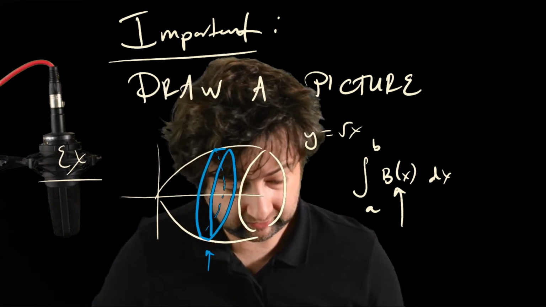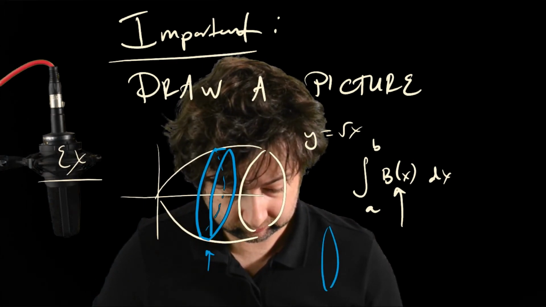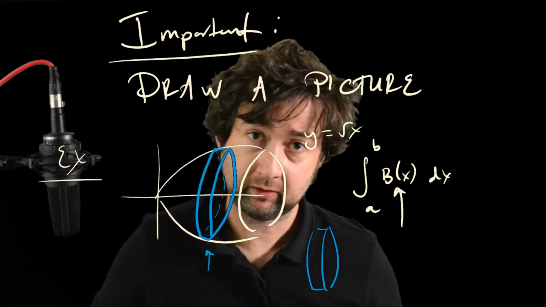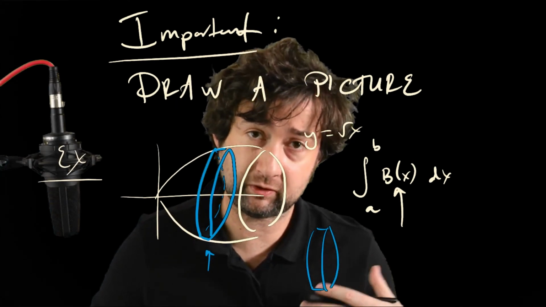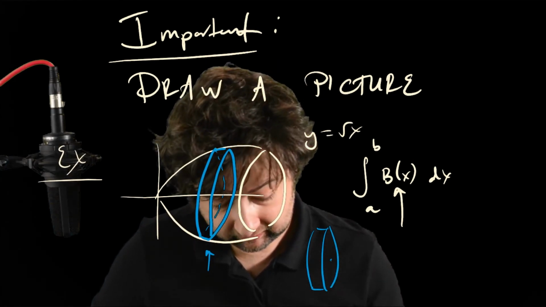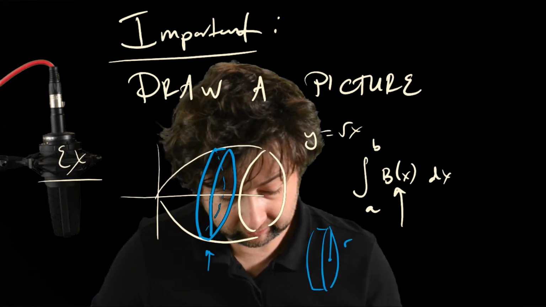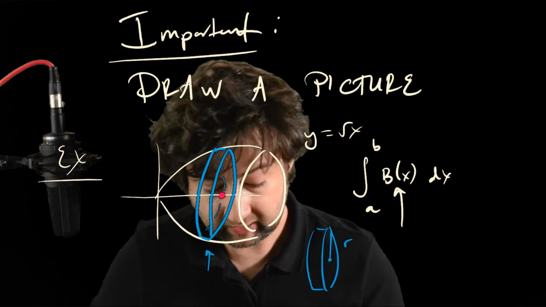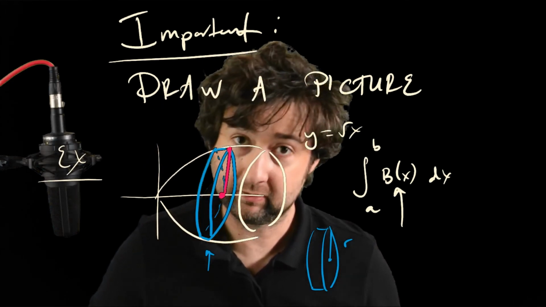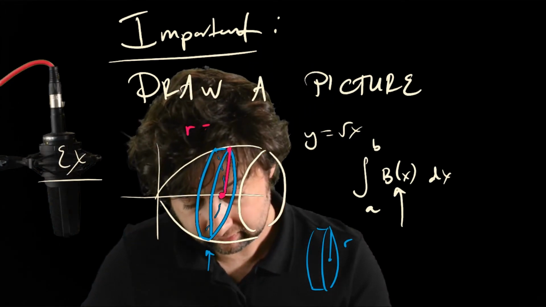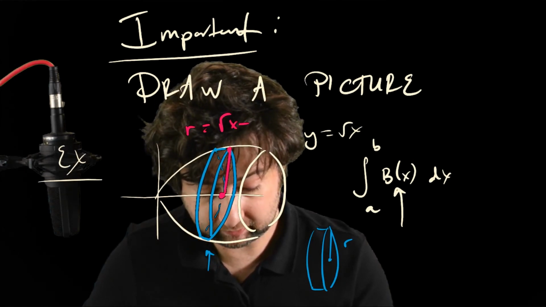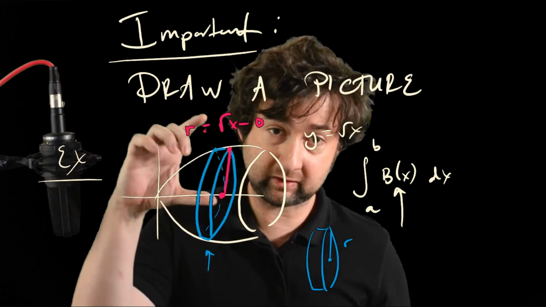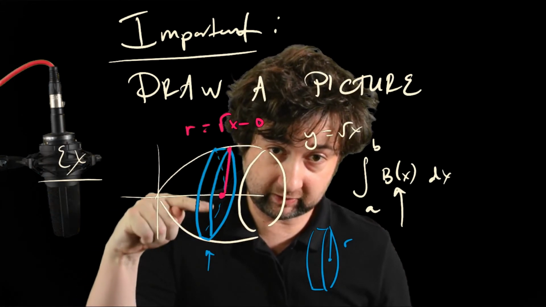So I've got this disk, and I want to somehow capture its volume. Well, the radius from here to here, this radius is the same as the distance from the x-axis up to the function. So r is equal to root x minus 0, because that's the distance that we have to go from the top of the function down to the origin.